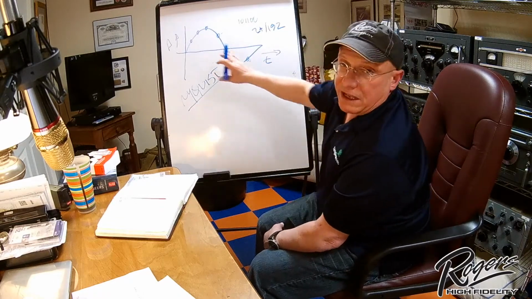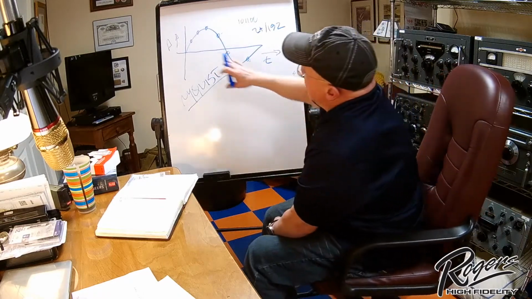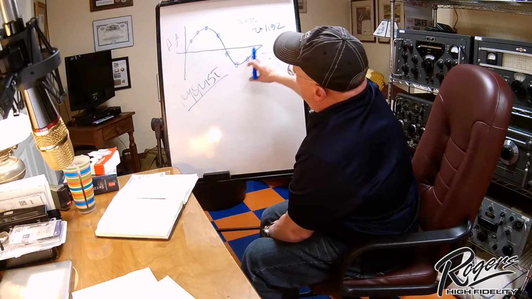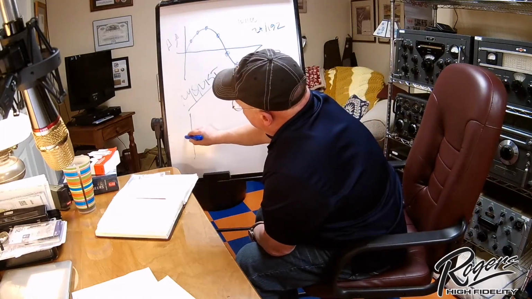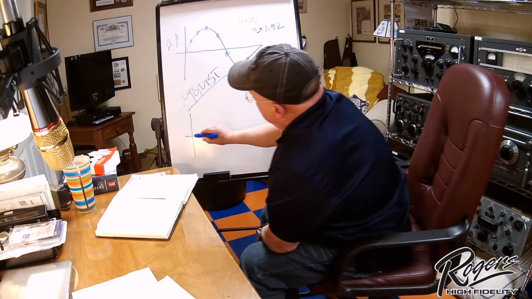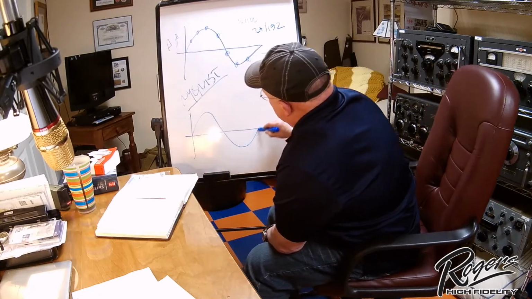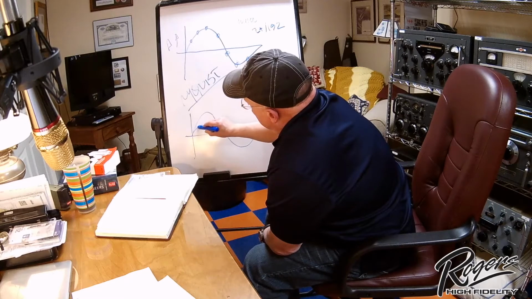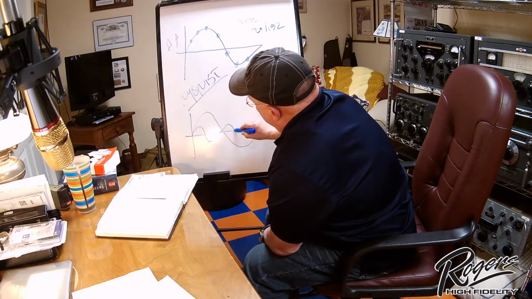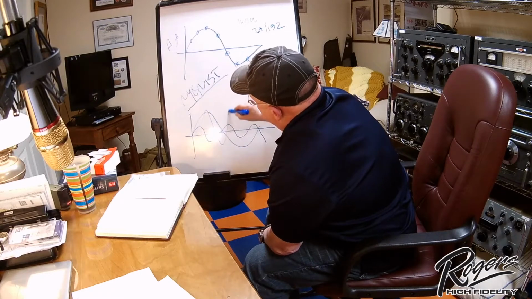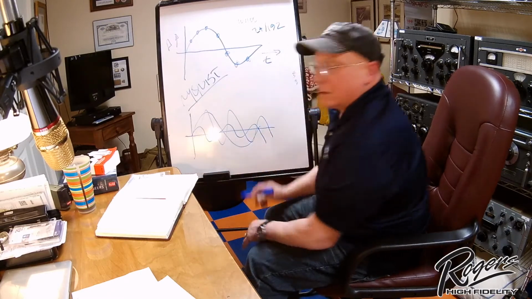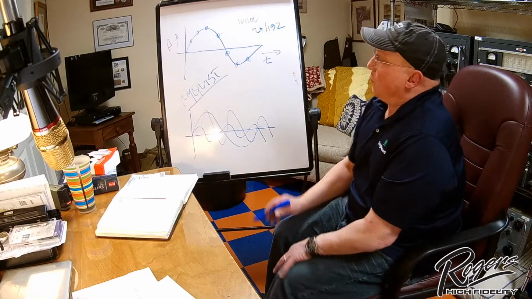Where the issue becomes in music is that rarely do we have waveforms that are single tones. Typically, a musical instrument or voice is made up of multiple waveforms, and those are called complex waveforms.